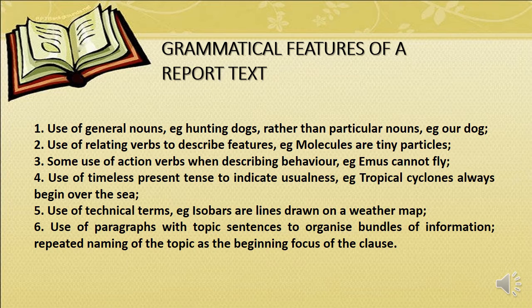Use of timeless present tense to indicate usualness. For example, tropical cyclones always begin over the sea. Number 5. Use of technical terms. For example, isobars are lines drawn on a weather map. And the last is use of paragraphs with topic sentences to organize bundles of information, repeated naming of the topic as the beginning focus of the clause.